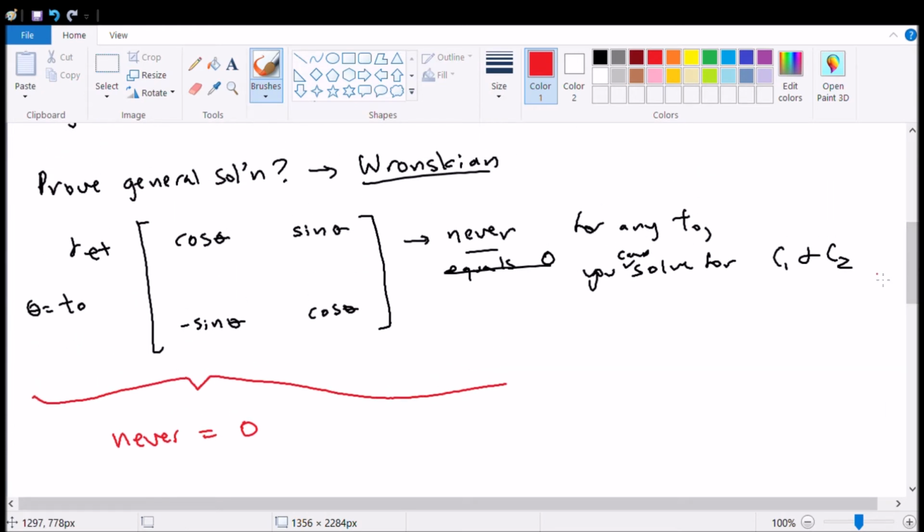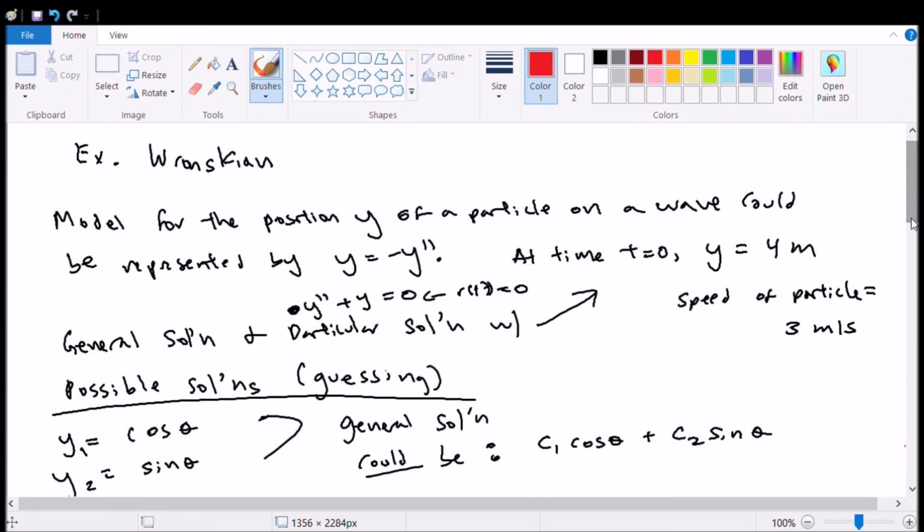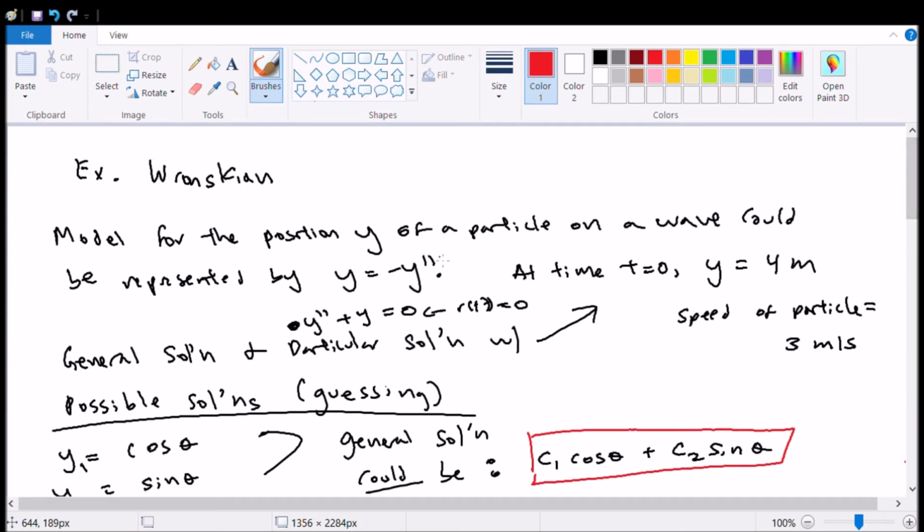If you prove that it never equals 0 for any initial condition, then you know that this thing right here is a general solution for the differential equation.